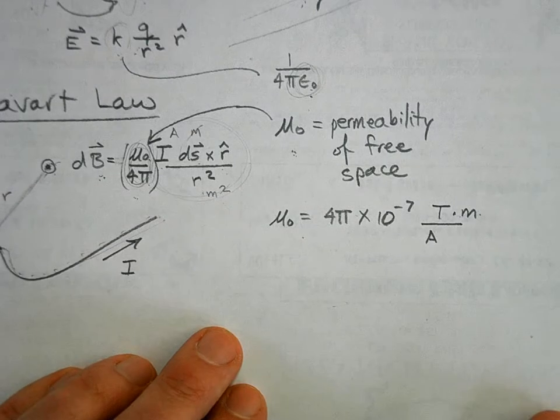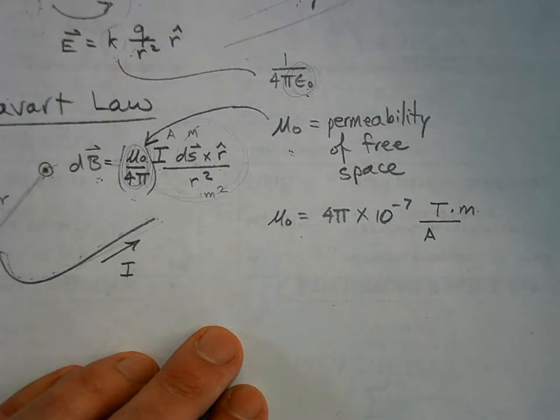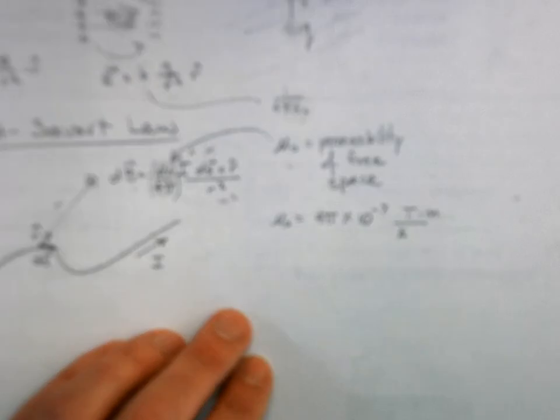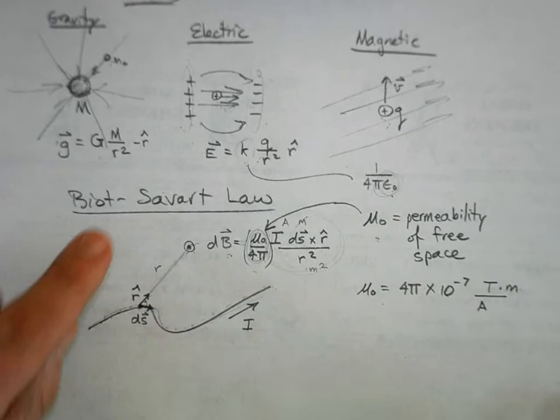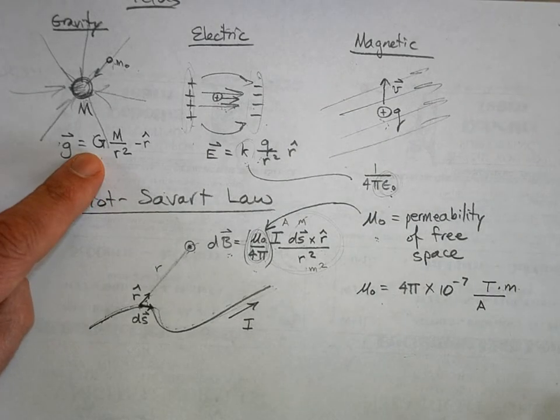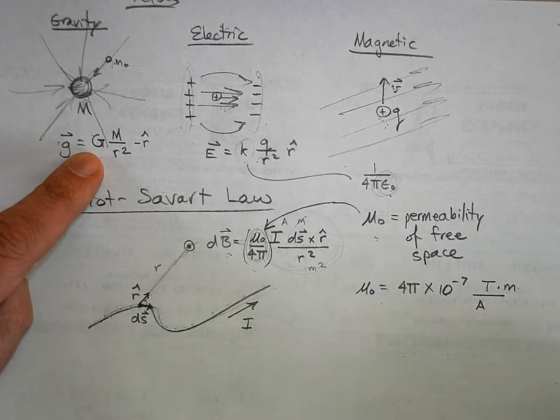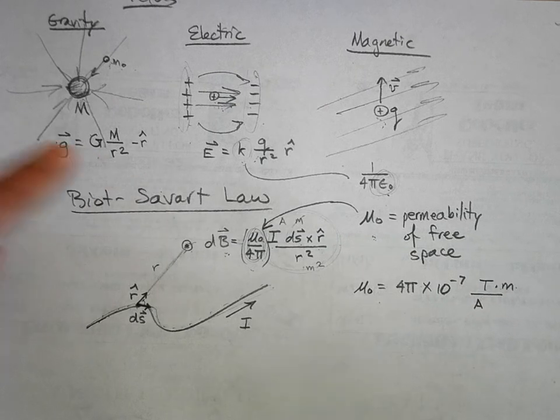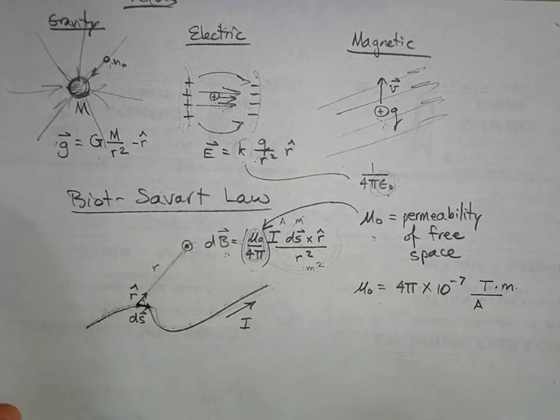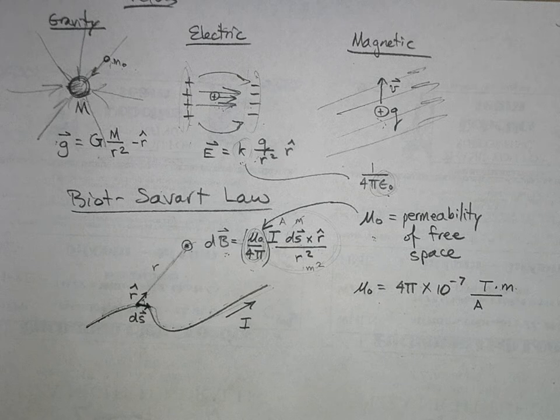Now, you think that's crazy. You're just learning this stuff for the first time, but think about it. What units did G have? It had Newton meter squared per kilogram squared. Why? So that we could get newtons there for Newton's law of gravity. K has units of Newton meter squared per coulomb squared, so it cancels out to give us newtons.